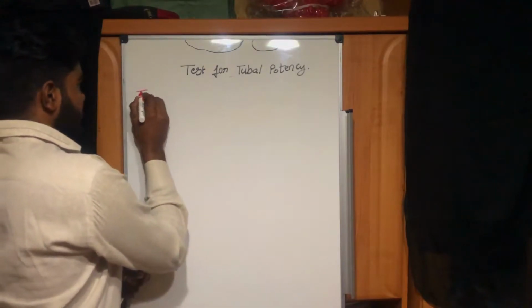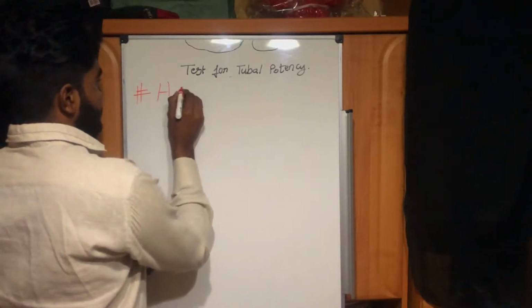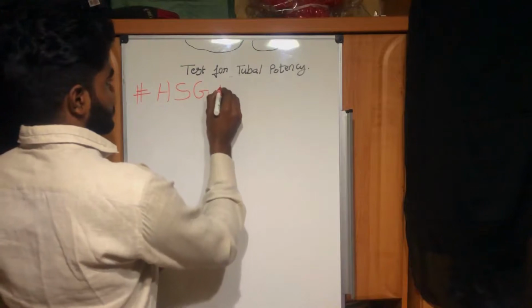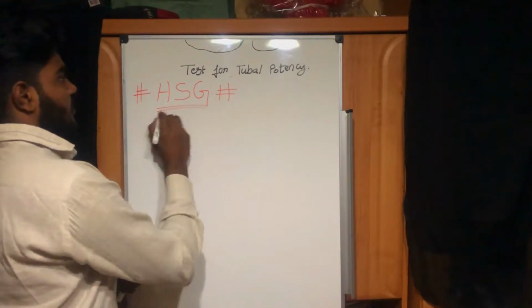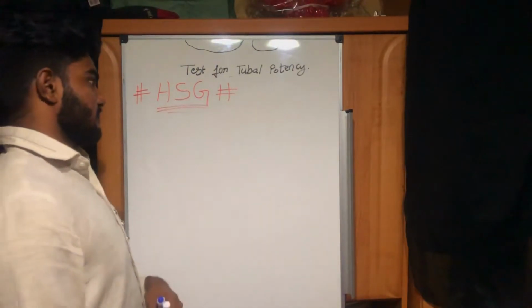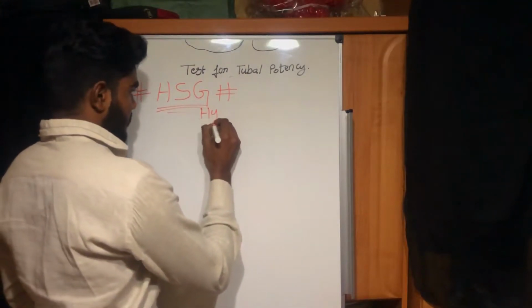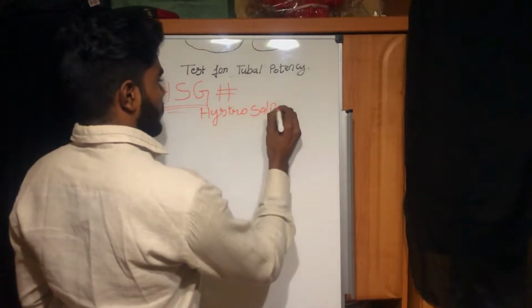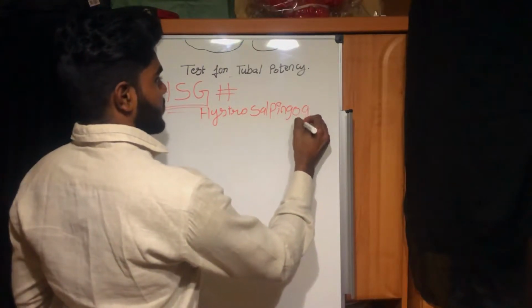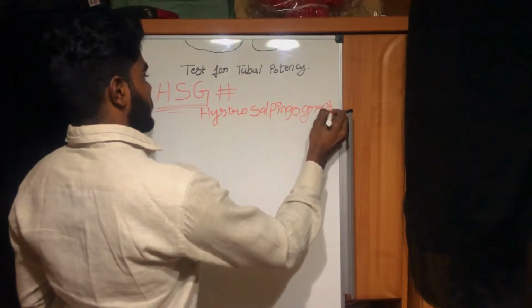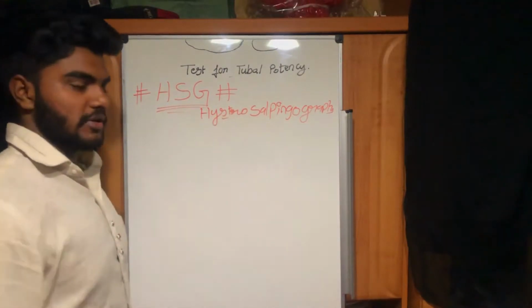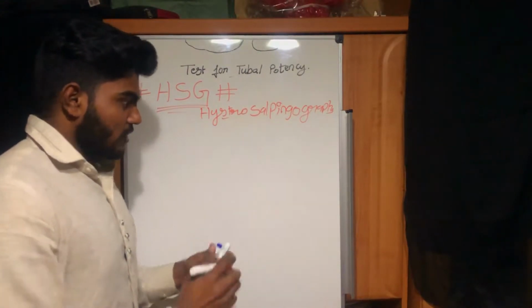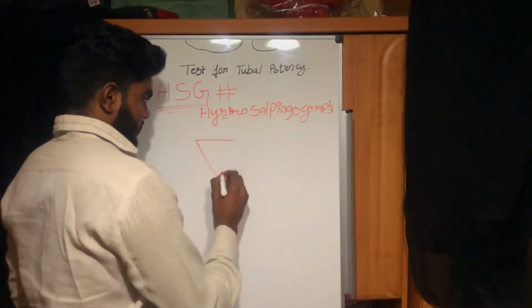And the next thing is HSG, hysterosalpingography. Normally the uterus is triangular in shape.